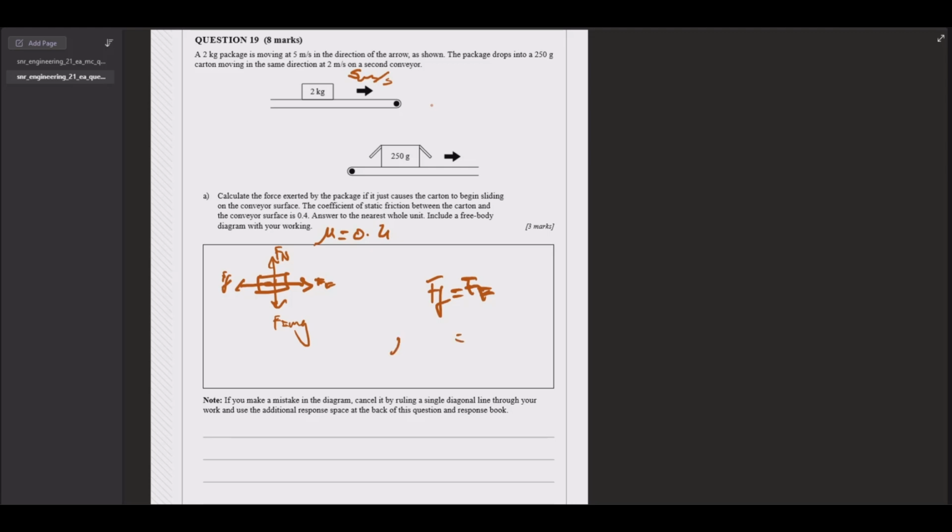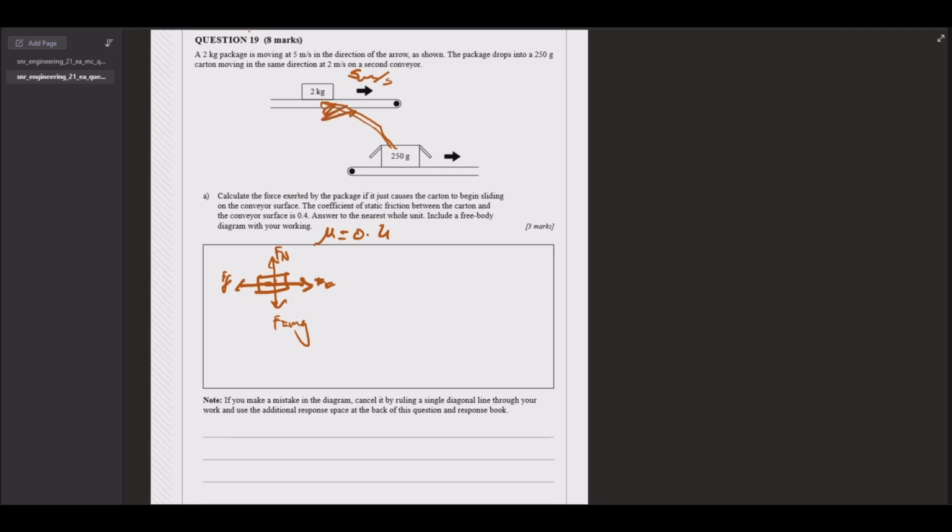Friction is going to be mu mg, and the mass is going to be the combined mass of these two. And the force exerted by the package will just be equal to this. So, force is going to be 0.4 times 2.25 times 9.8, which is 8.82 newtons.